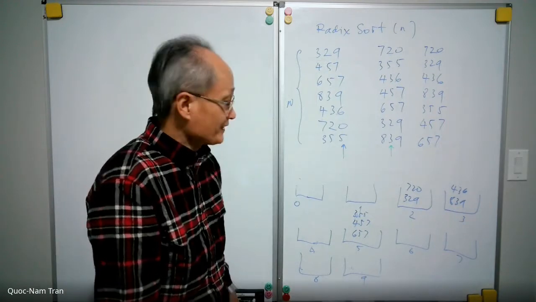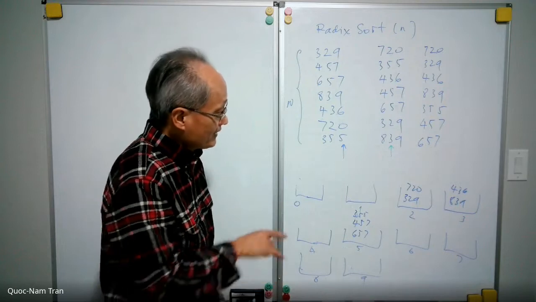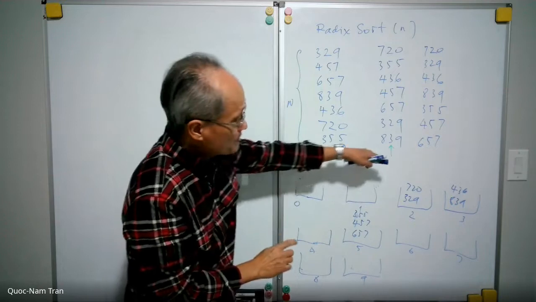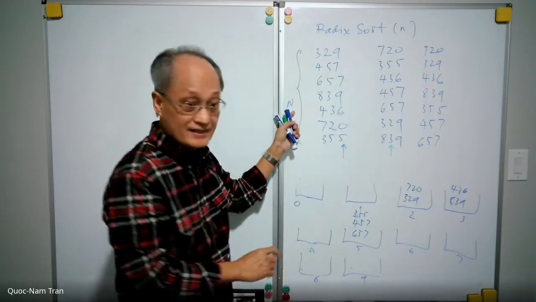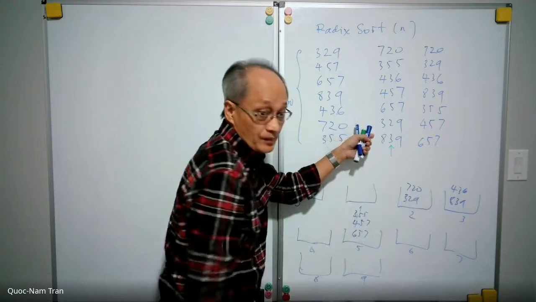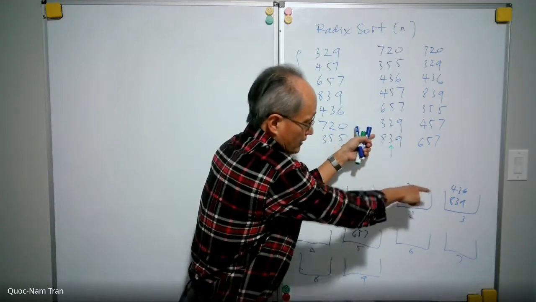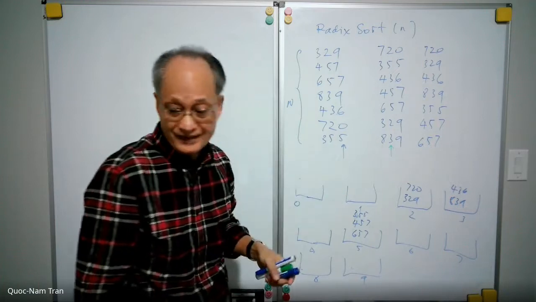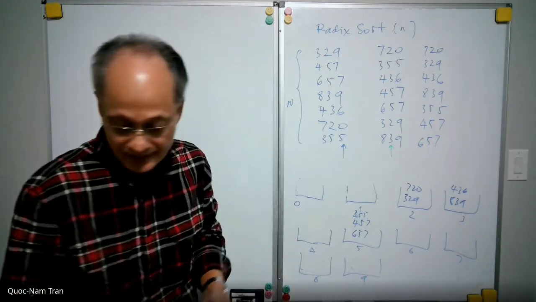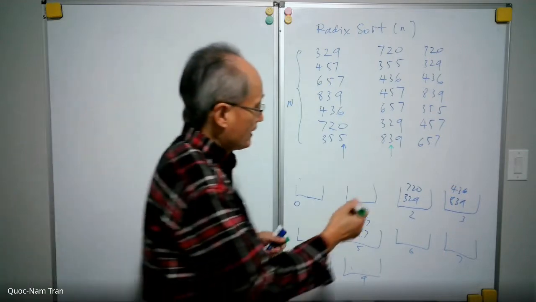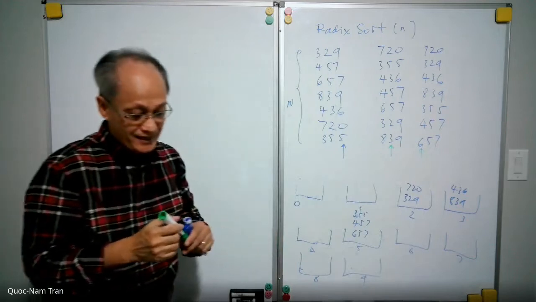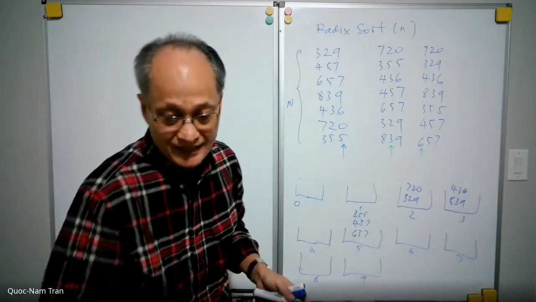So that is for the second digit. And again, we scan this one, it takes n steps, right? Every time we push it to the top of the bucket. Okay, so now we will sort this list with respect to the most significant digit.